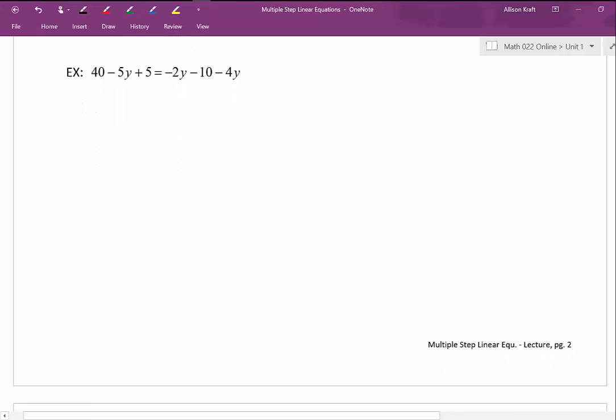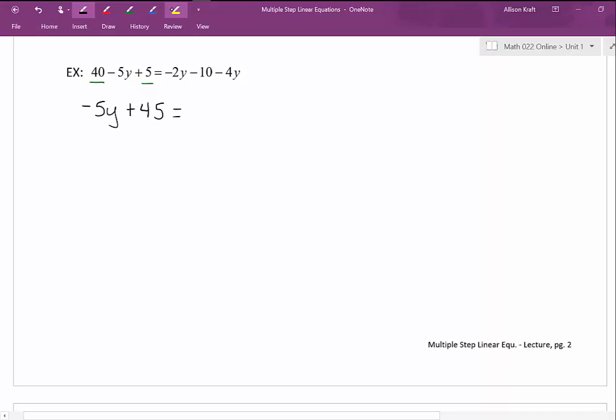In this example, we don't have parentheses to eliminate or fractions to eliminate. We do, however, have like terms on each side of the equal sign to combine. On the left side, I see that I have constant terms to combine, which is going to give me a negative 5y plus 45.